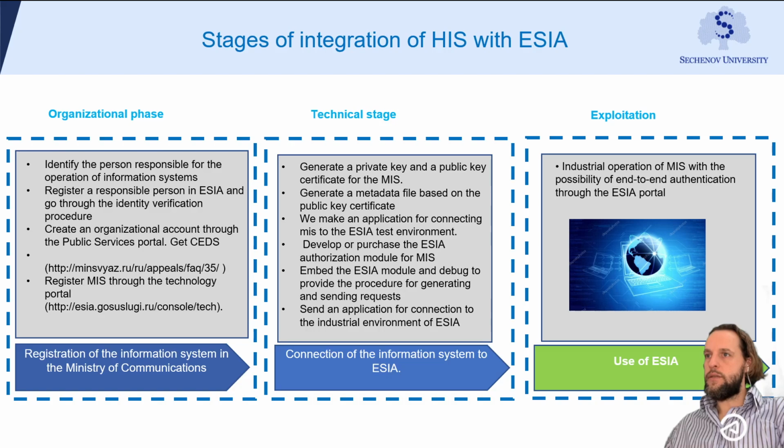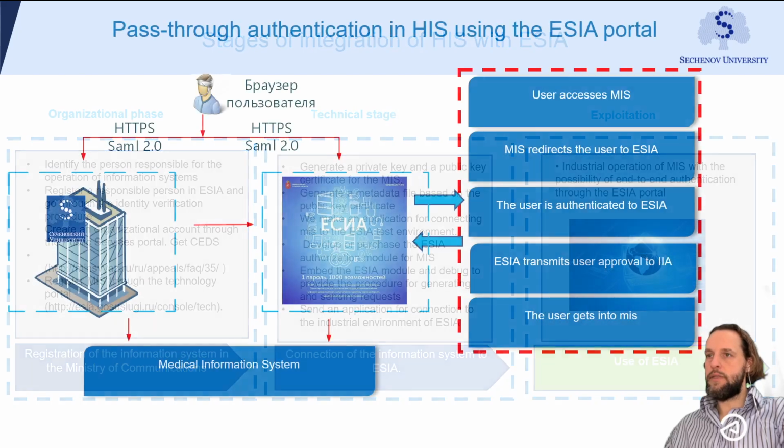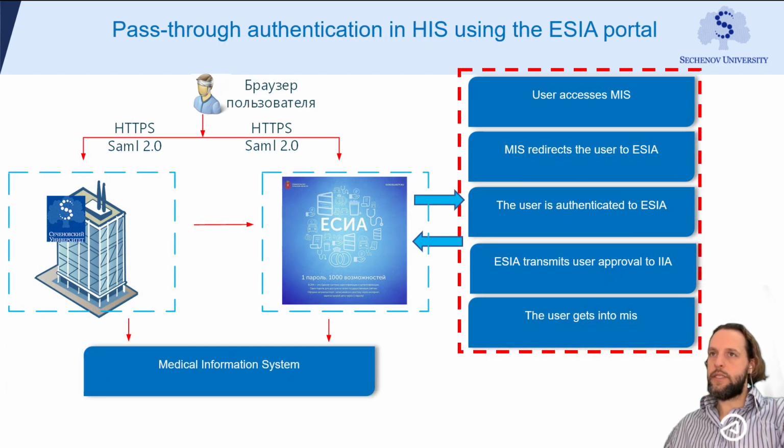It will need to implement authorization modules in your system, and after that, connection will be done, and users will be able to enter your system with their unified username and password.